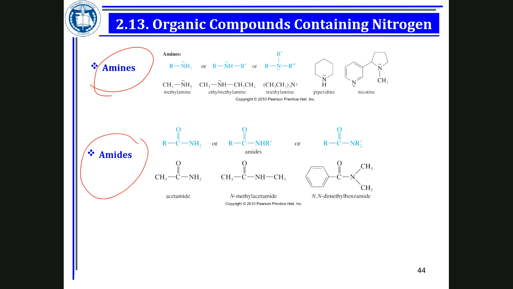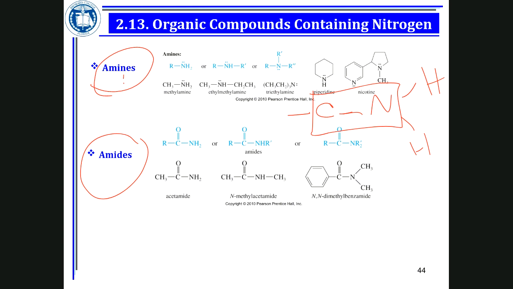The amine functional group is the C-N. So if you have a C single bond to N, and it's attached to either carbon or hydrogen, so it's attached to R groups only, then it's going to be classified as amine. You could have hydrogen attached here, but there must be at least one carbon nitrogen single bond in order to classify as amine.